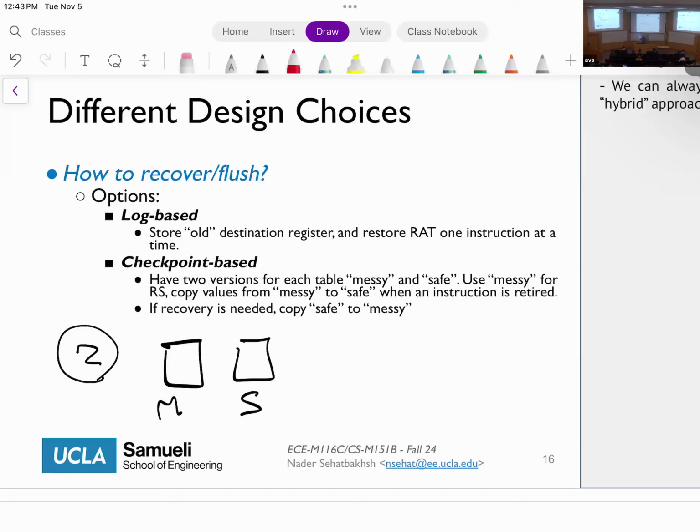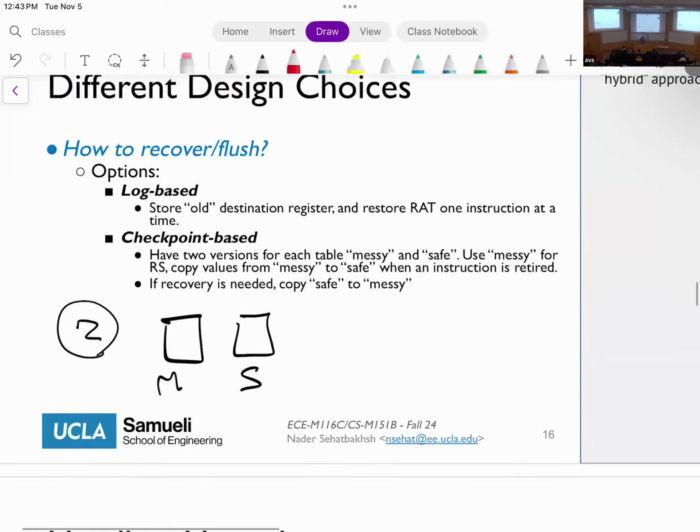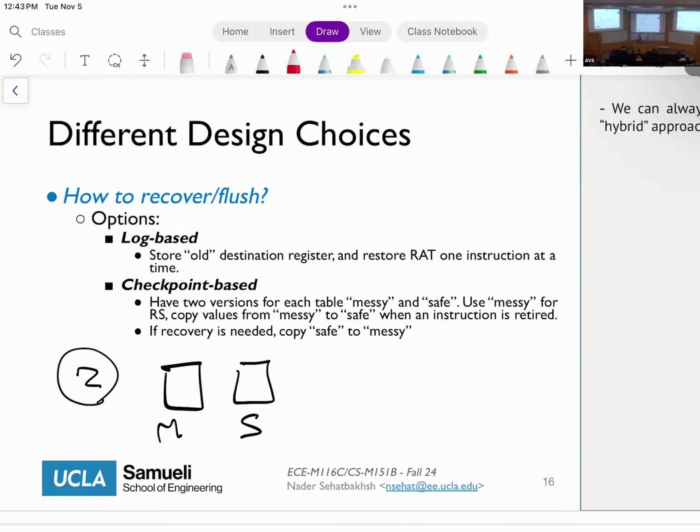When things are safe, I move them to the safe one, okay? Otherwise, I can just discard the messy and use the safe and move forward, right? So that's the simple one. But of course, the trade-off would be performance versus extra area, extra power and extra computation that is needed.